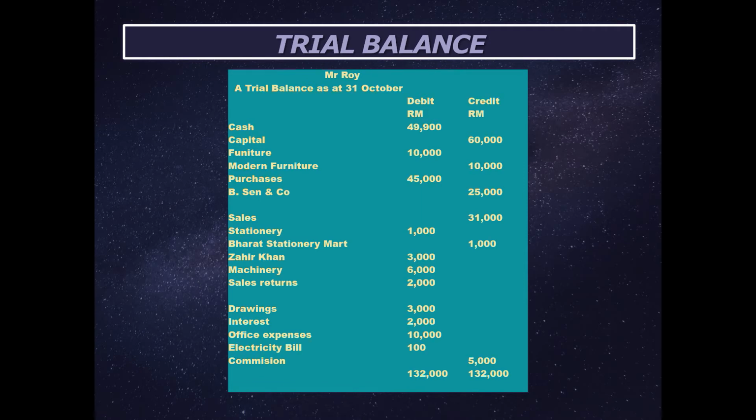Okay, so I will present the trial balance of Mr. Roy as at 31st October. We just need to transfer the amounts from the ledger accounts to the trial balance, which is cash, capital, sales, drawing and so on, in the debit or credit column. Lastly, we got the trial balance of 132,000 as the answer.